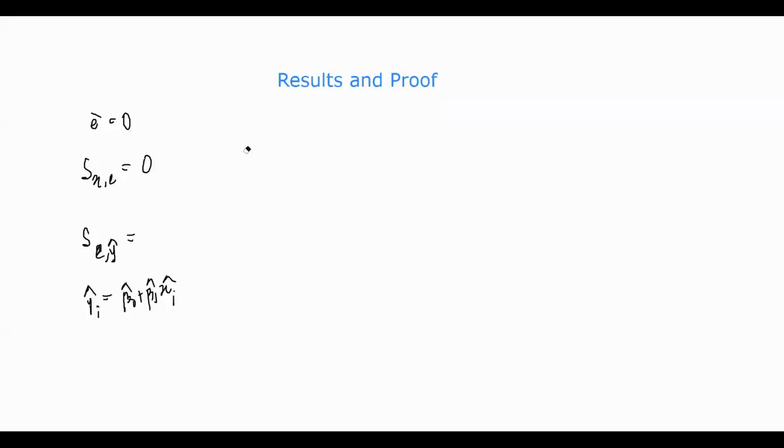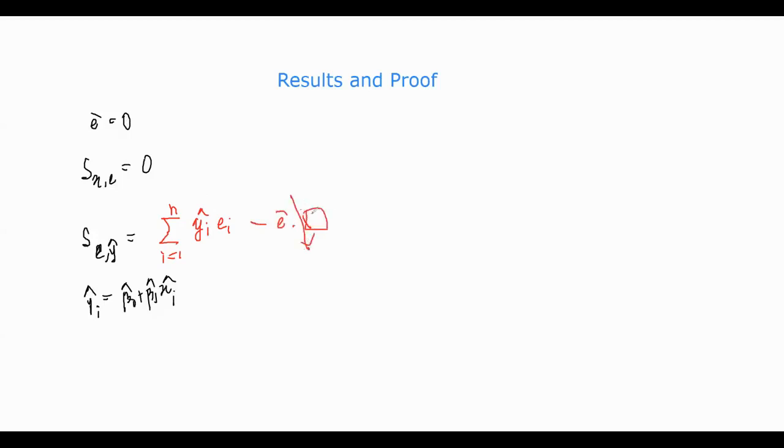It's the summation from 1 to n, divided by n, of y i hat times (e i minus e bar). We know e bar is 0, so let's not go into that mean because it is already 0.